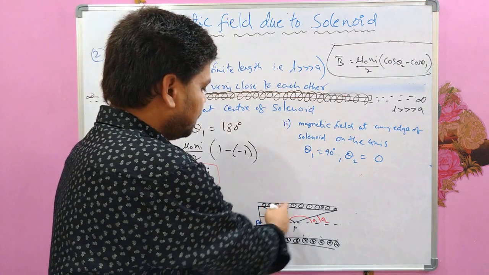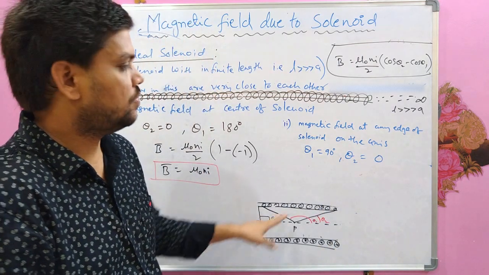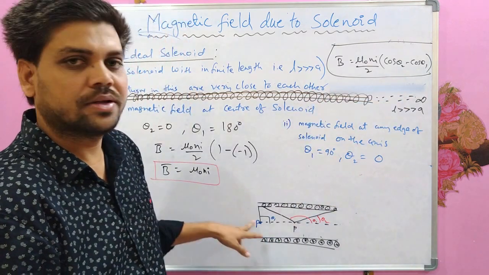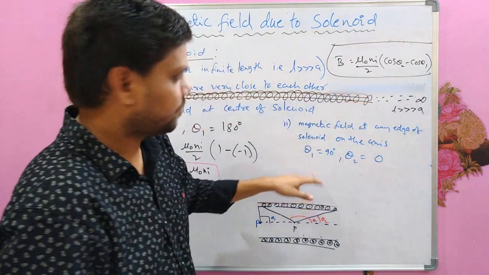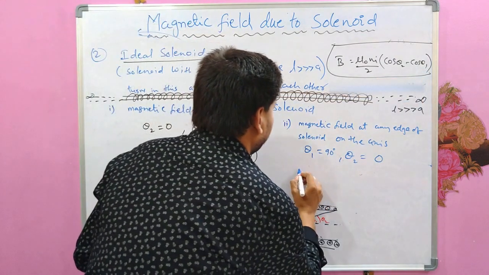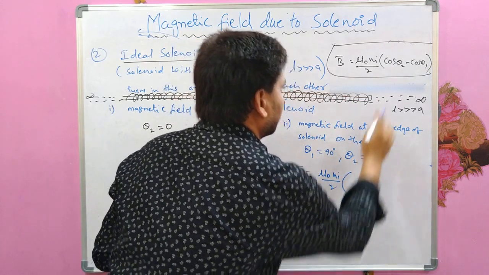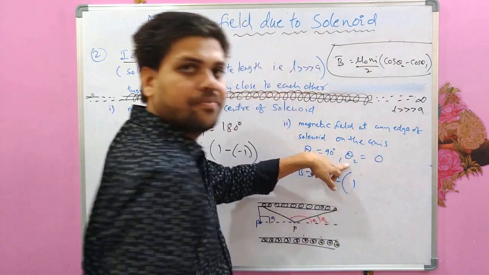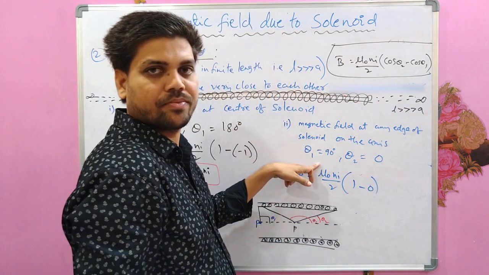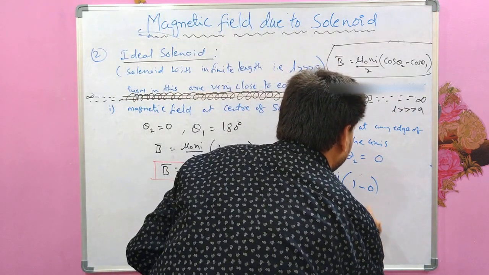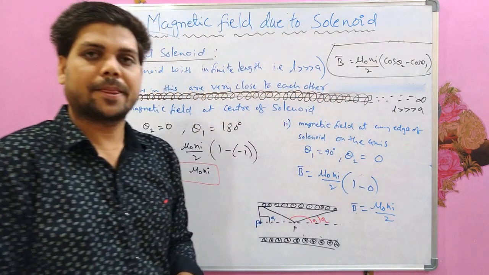Now if you apply this, what happens? Theta 1 is 90. We will get B equal to mu naught Ni by 2 into cos theta 2, which is cos 0, that is 1, minus cos 90, which is 0. So we will get B equal to mu naught Ni by 2 at this point.